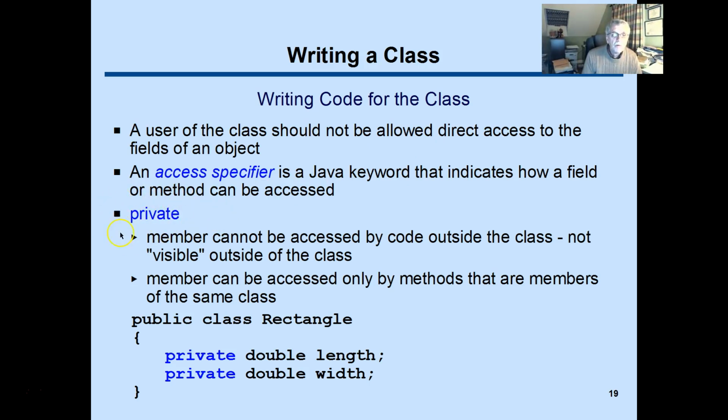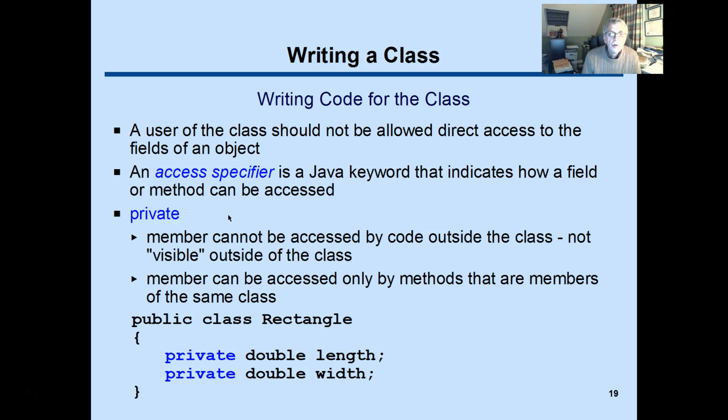We declare the member variables as being private, which means that even though you can instantiate the object, you can't go into the object yourself and touch those things that are private. You don't even know they exist. But those things that are public are directly accessible to you.